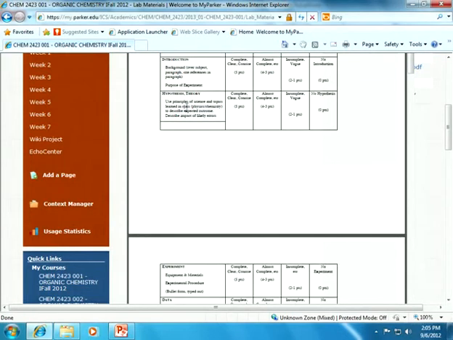The next part, hypothesis. It says use principles of science and topics learned in class to describe expected outcomes and likely error. This one's over pH and everything of acids and bases.